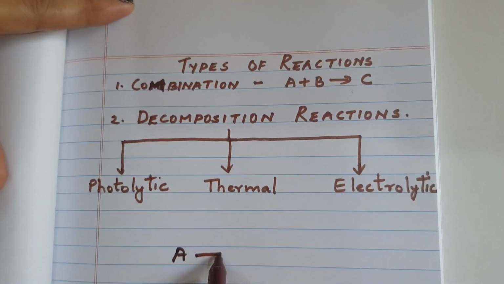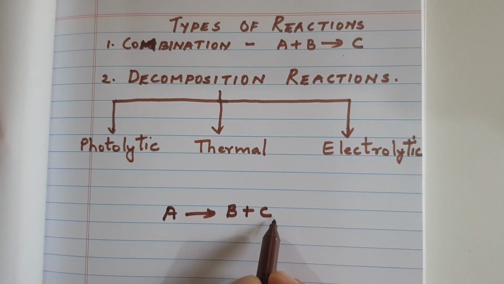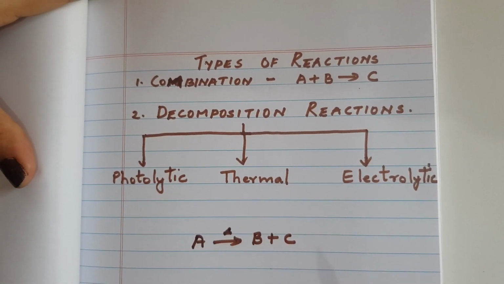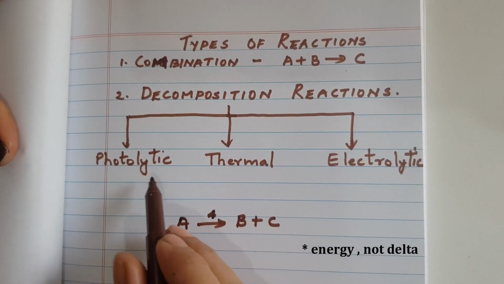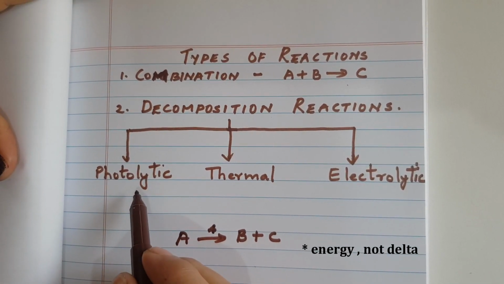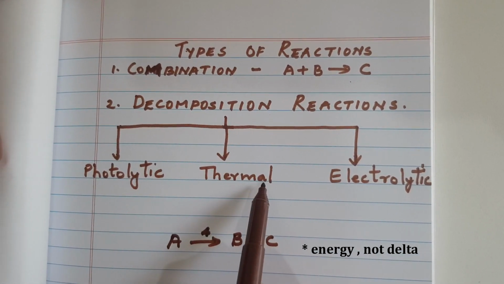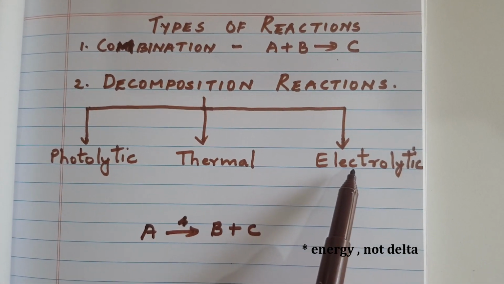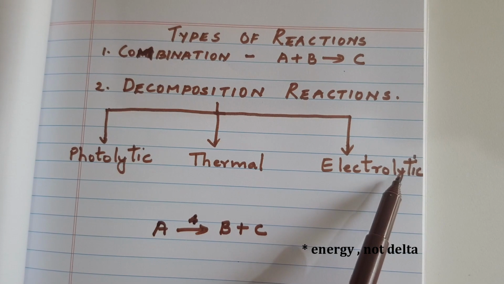Now let's generally represent a decomposition reaction as A splitting up into B plus C. For this to happen, some sort of energy has to be provided. This energy can be either light energy, then it becomes photolytic decomposition, or it can be heat energy, then it becomes thermal decomposition, or it can be electricity or electric energy, and then that decomposition is called electrolytic decomposition.